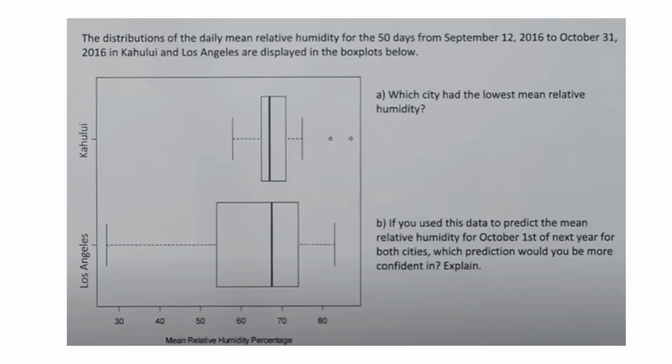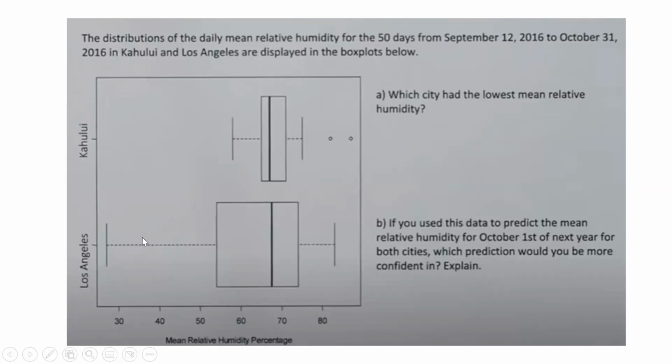Now the next question. Which city had the lowest mean relative humidity? Can you see here that the ranges are very short? To describe this data, the humidity data is very concentrated compared to Los Angeles.